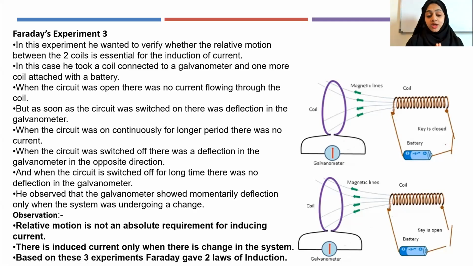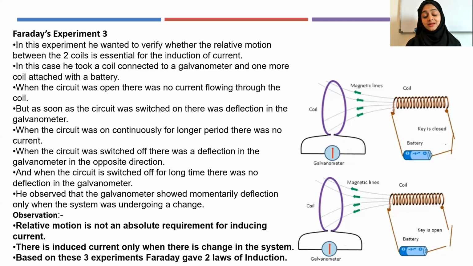So whenever the current is switched on and off, at that moment there is deflection. But if you keep it on, the magnetic field remains the same, there is no deflection. If you keep it off, there is no magnetic field. The situation is the same, so there is no deflection. Is that clear?